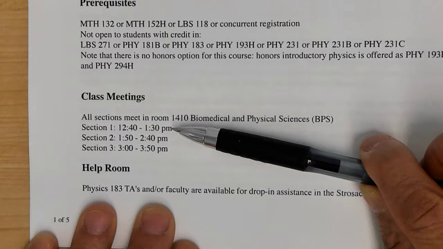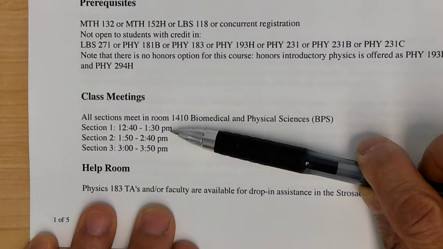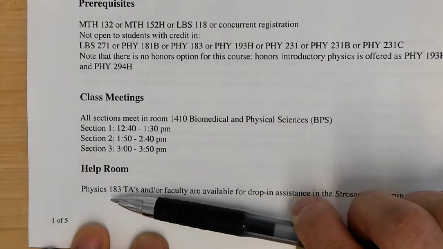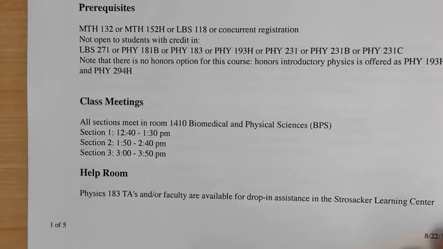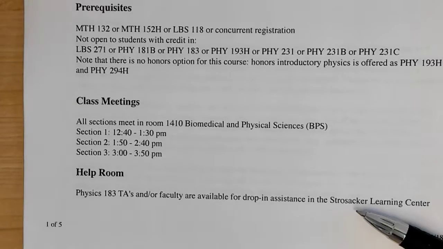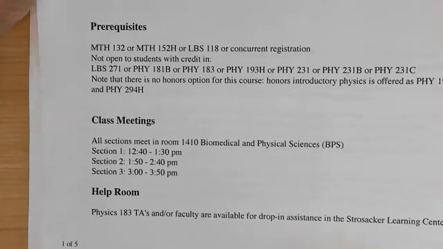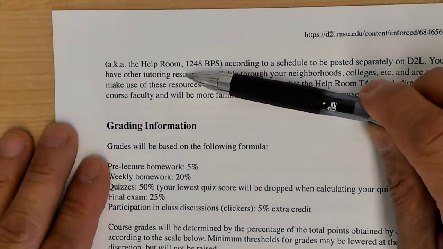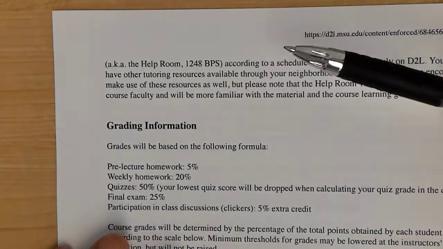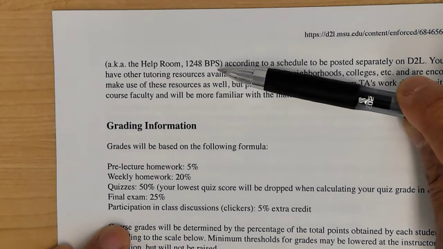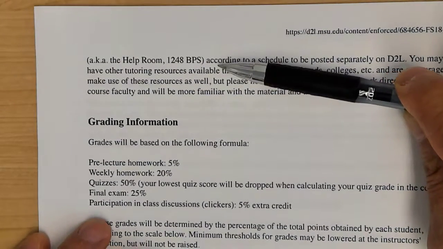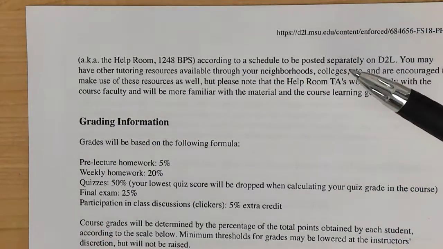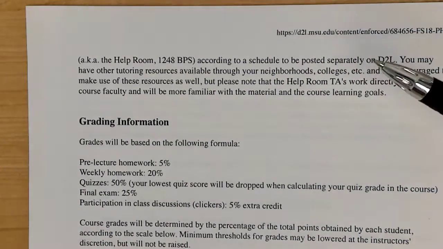As I mentioned, Hiro Iwasaki is teaching sections 1 and 2. We're in section 3. There is a Physics 183 help room, and that's in what's called the Strosacker Learning Center. That's also simply 1248 BPS. And that will actually start next week. It's not open the first week. But I mentioned that my office hours will be directly after class.